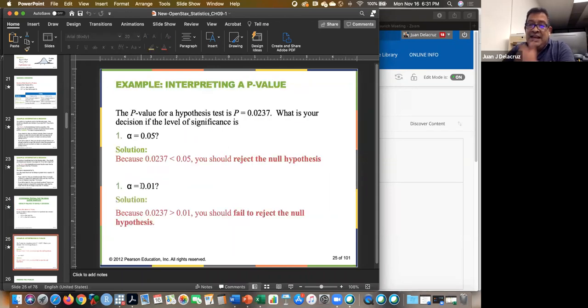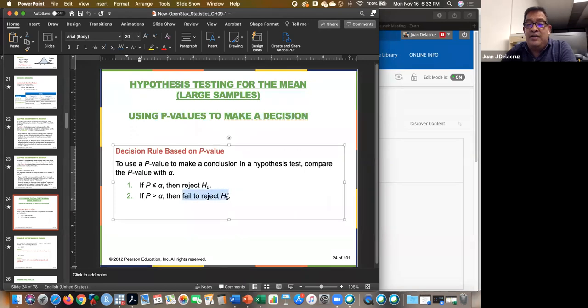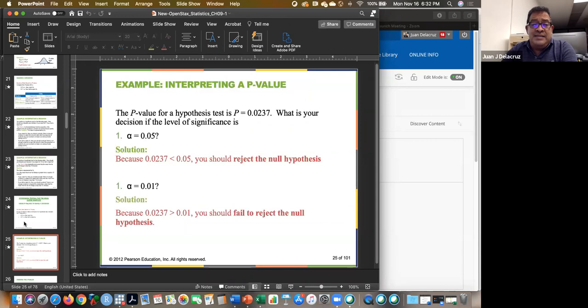But what happens if the level of significance is only 1%? It's very clear that the p-value is greater than alpha. So because the p-value is greater than alpha, we are going to fail to reject H naught. This is very simple. When p is less than alpha, we reject the null hypothesis, and when the p-value is greater than alpha, we fail to reject the null hypothesis.